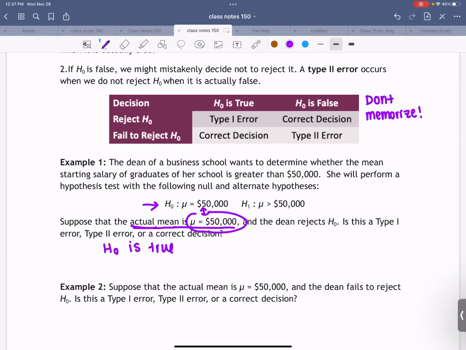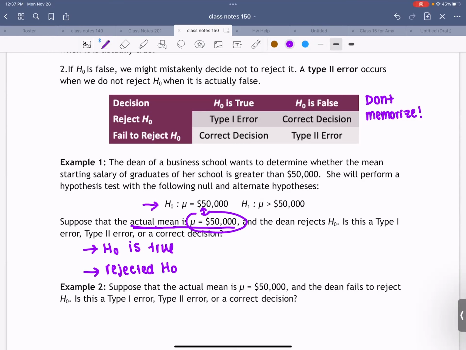It says that the dean rejected the null hypothesis. So the dean rejected H0. What this is saying is on the bottom here, we have the conclusion of our hypothesis test. That's what the dean said was true. But up top, we have what's actually true in reality, what's actually going on in real life.